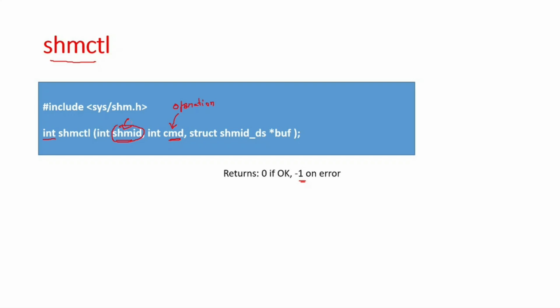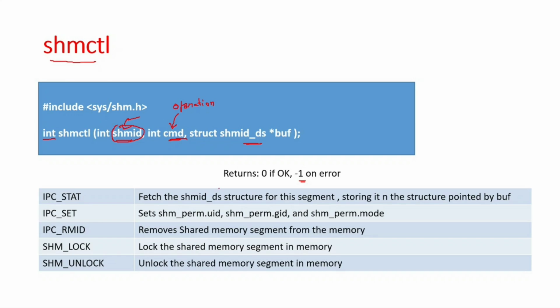So the first parameter answers on which shared memory I have to perform operations, and the second parameter, the command, answers what operation I want to perform. Let us see about this later. Now let us see the various operations that I can perform on the shared memory using the shmctl function. These are the various operations; let us see each one of these.